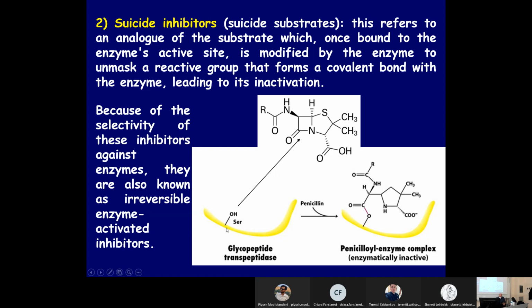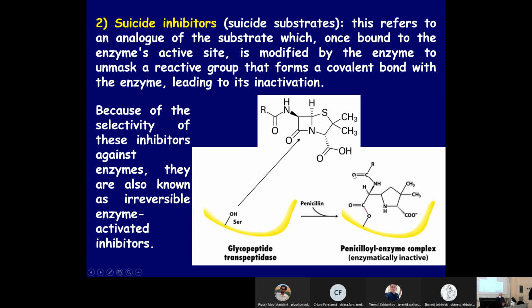And so in this case, you can see that this group, this OH, this alcoholic group of a particular serine residue located in the active site of these enzymes called transpeptidase, this OH, this nucleophile, is able to attack the electrophilic carbon atom of the beta-lactam ring.